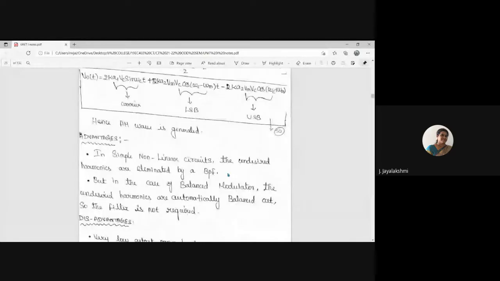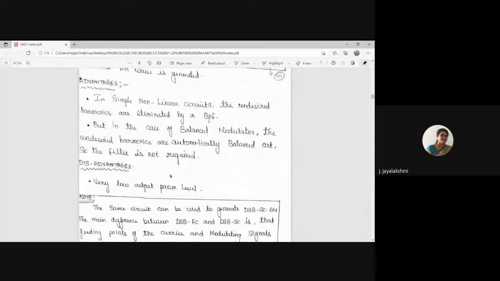Of course, it has its own advantages and disadvantages. It is a simpler non-linear circuit, but it produces undesired harmonics, and these can be eliminated by a band pass filter. But in the case of a balanced modulator, the undesired harmonics are automatically balanced and a filter is not required. So in the diode circuit, you make use of a band pass filter. Since it is a diode, it is a simple circuit.